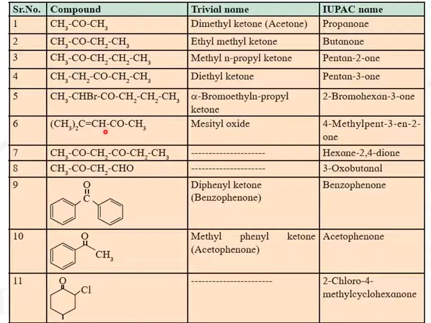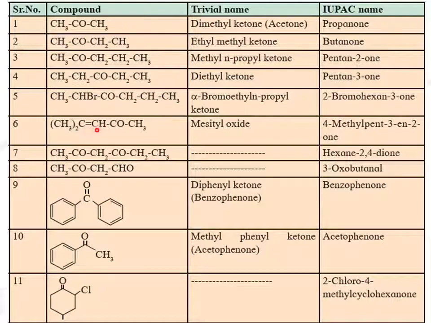So it is 1, 2, 3, 4. At the fourth carbon, one methyl is present. Hence it is a 4-methyl. Total carbons in the parent chain are 1, 2, 3, 4, and this one 5. So it is a pentane. And because there is a double bond, it is a pentene. Include the locant of this double bond in the pentene.